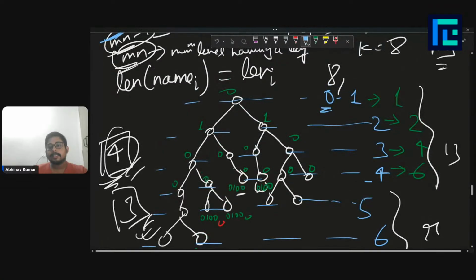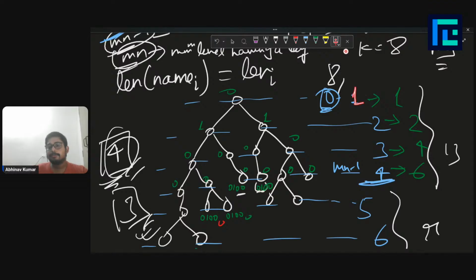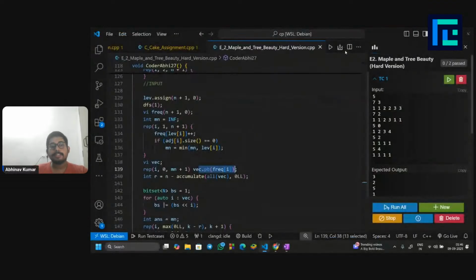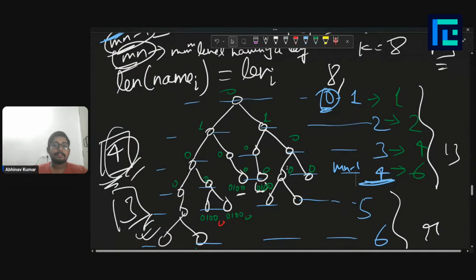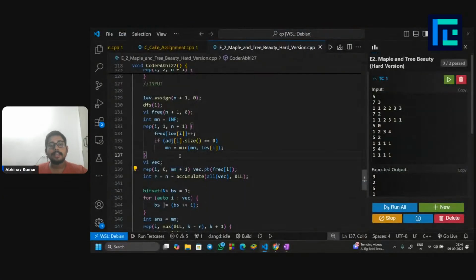I would insert till the minimum level. So from level 0 till mn minus 1 for 0 based indexing. For 1 based, it would be till mn, but for 0 based, it would be from 0 till mn. Okay, in mn also it's 0 based. So mn is the minimum level in 0 based indexing only.